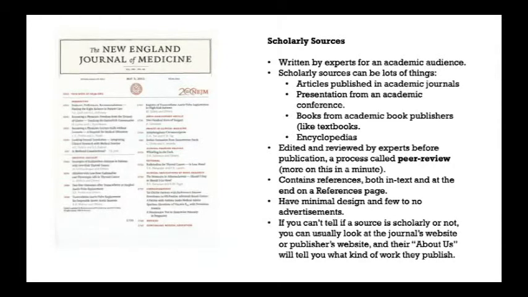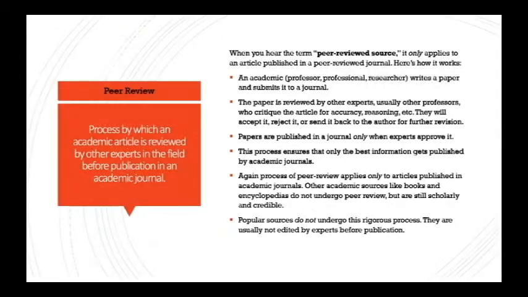There will be no advertisements at all in there. If you can't tell from these things whether a source is scholarly or not, you can usually go and look at the journal's website or the publisher's website, and their About Us will tell you what kind of work they publish and if they are peer-reviewed or not.